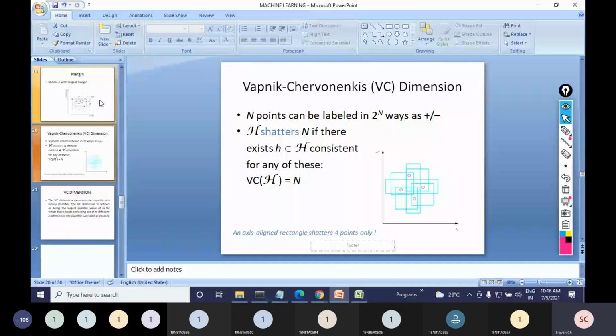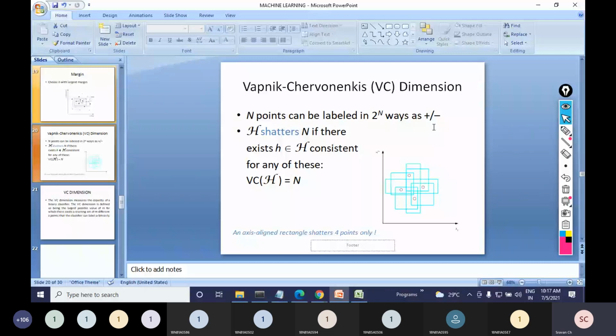Capital H means hypothesis space, right? So n points can be labeled in 2 power n ways as positive and negative, and we will try to see how well we can classify them using VC dimension.